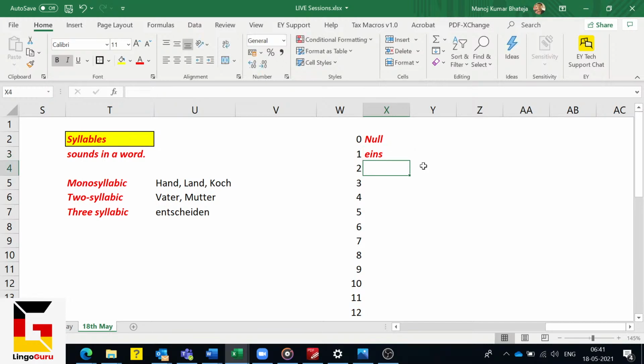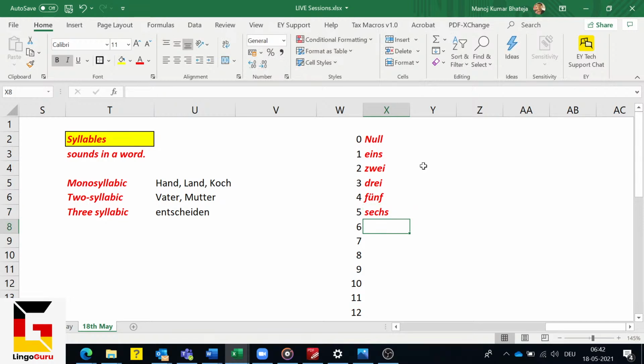Eins, again, ei is considered as one, so it is eins, monosyllabic. How do we pronounce it? Please practice. Zwei, monosyllabic. Zwei. Drei, monosyllabic. Fünf, monosyllabic.